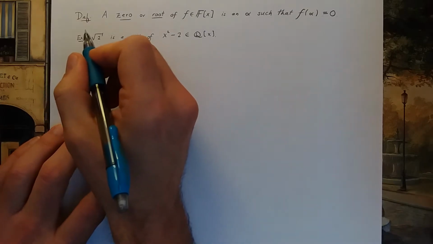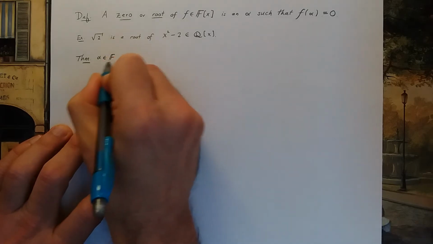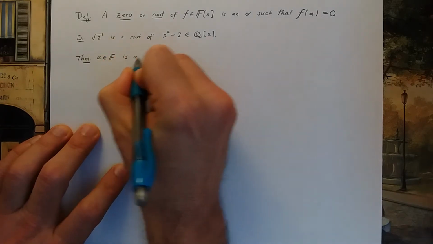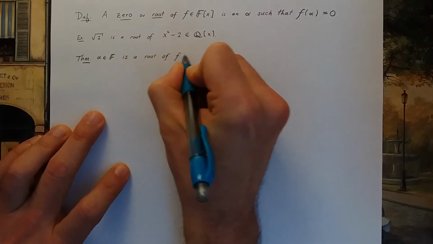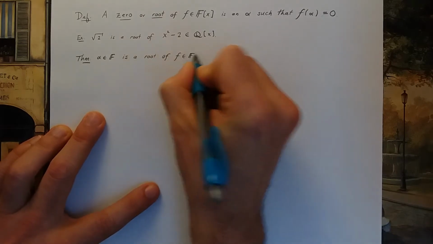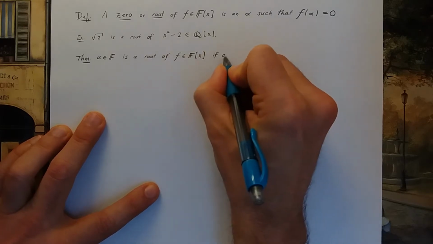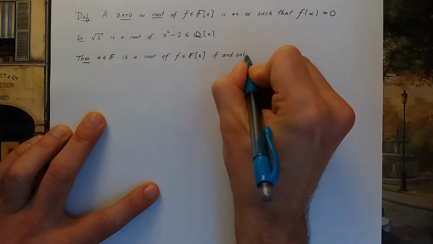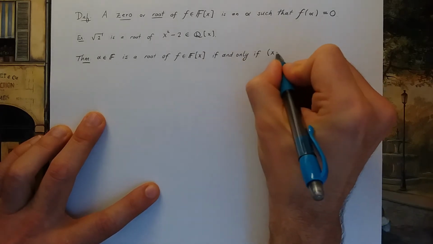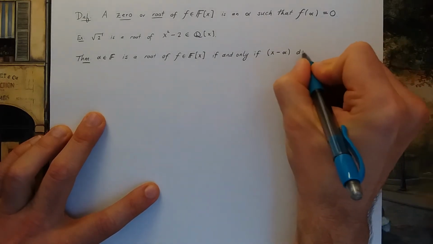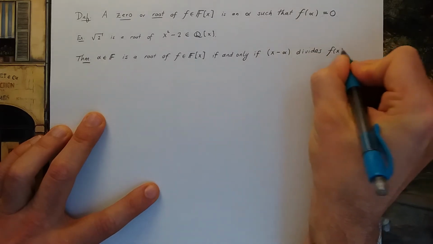The theorem is: alpha in my field is a root of f, which is a polynomial with coefficients in my field, if and only if x minus alpha divides my polynomial.